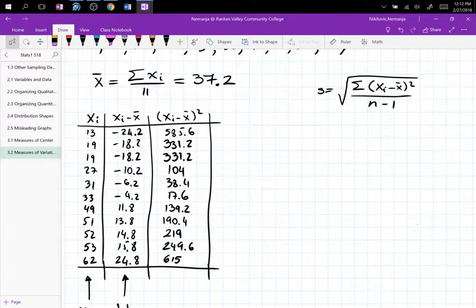So now we take the calculator and we type in the 11 numbers to add them up. 585.6.